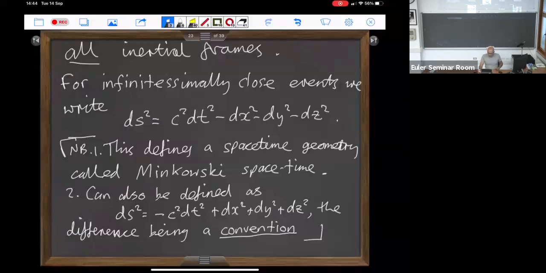Okay, now for infinitesimally close events, we consider an infinitesimal version of the interval, okay?